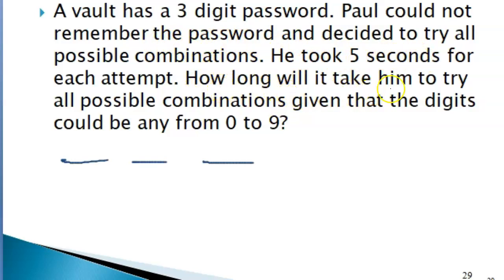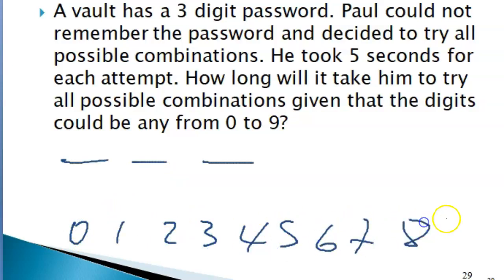How long will it take him to try all possible combinations given that the digits could be any from 0 to 9? So 0 to 9, that's how many digits? So 0, 1, 2, 3, 4, 5, 6, 7, 8, 9. So 1 to 9 and 0. So there are 10 possible digits that would form this 3-character password.